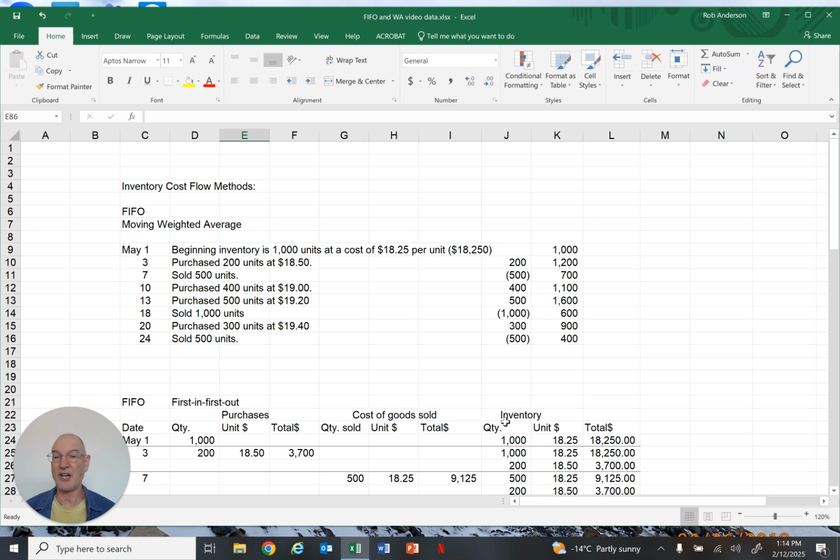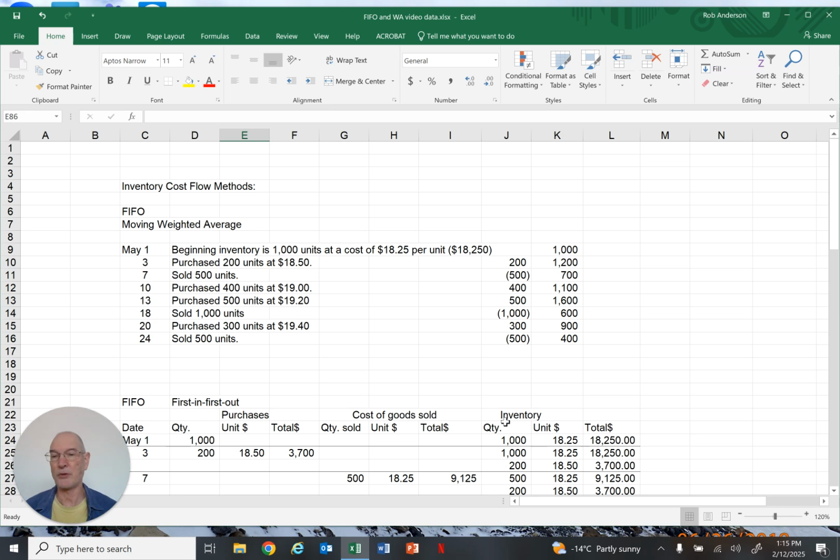But just the same, you need to understand how these methods work, and almost all introductory accounting courses want you to make a chart or table of purchases and sales under each method, so that you can then calculate cost of goods sold for a period of time and calculate your ending inventory value. So it is a bit picky, and lucky for us, it's not really difficult, but it is kind of tedious. So bear with me in this video.